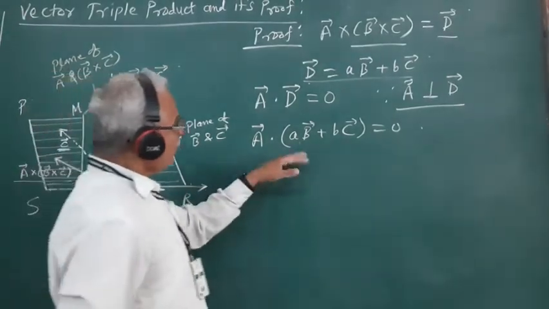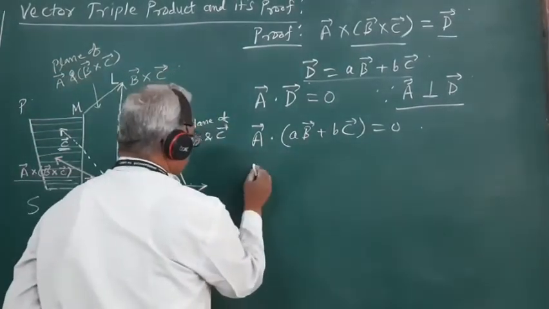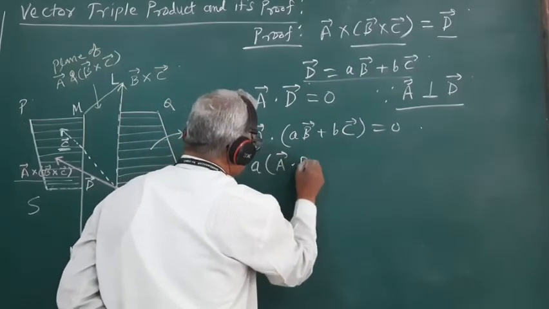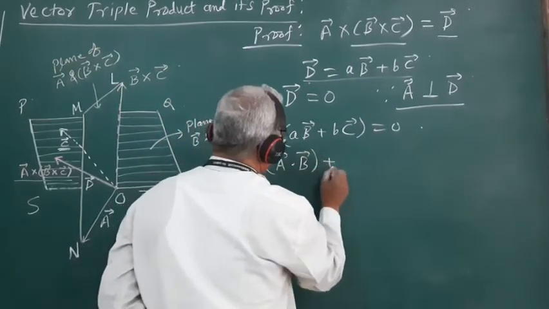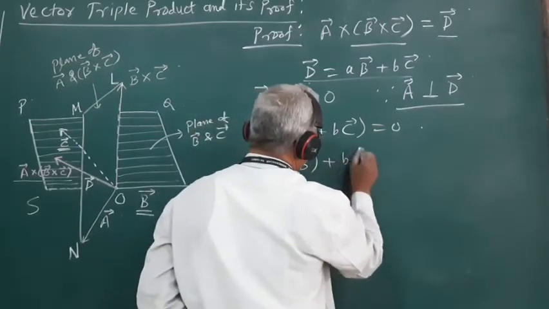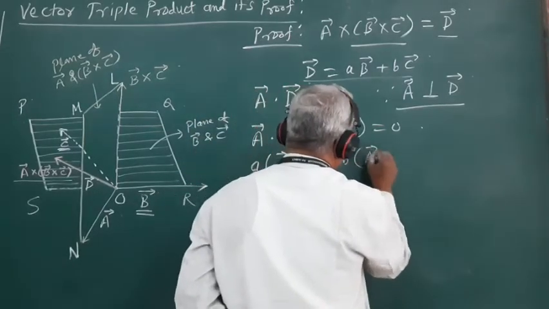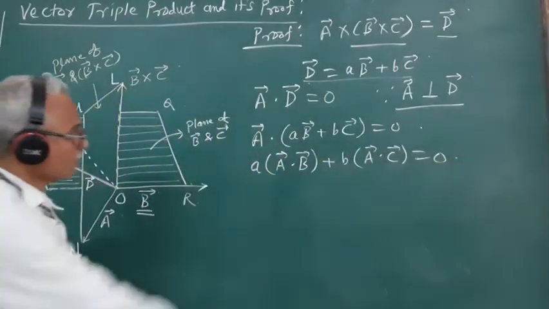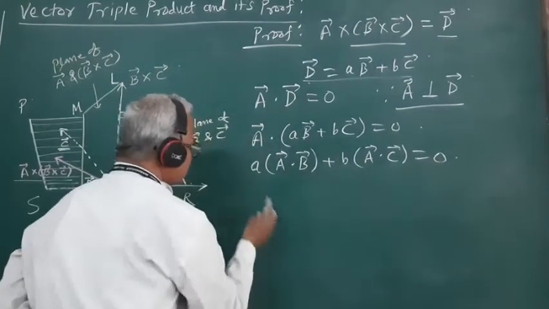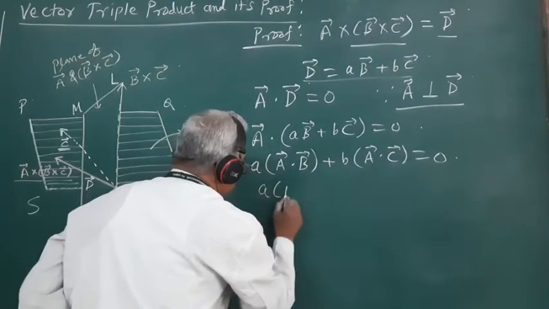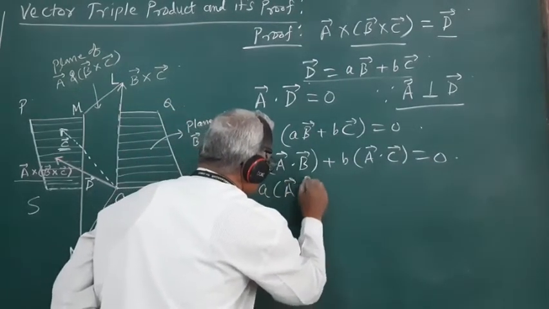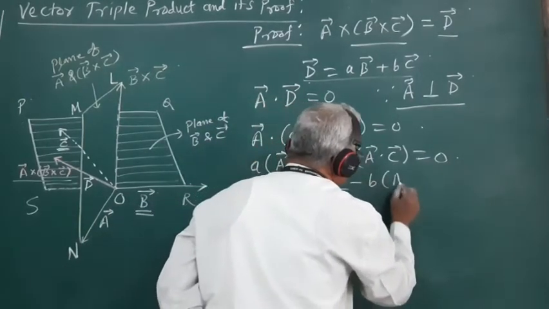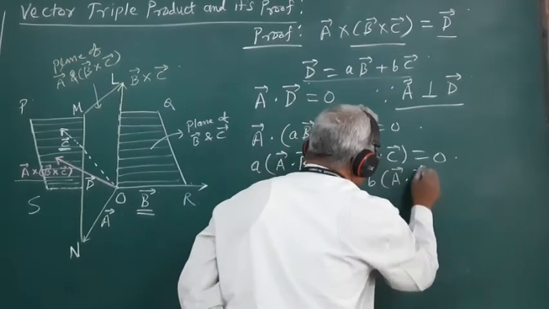So if we open up this bracket, we can express this relation as A into bracket A bar dot B bar plus B into bracket A bar dot C bar is equal to 0. Or if we transfer one term to the right hand side, we can express it as A into A bar dot B bar is equal to minus B into bracket A bar dot C bar.